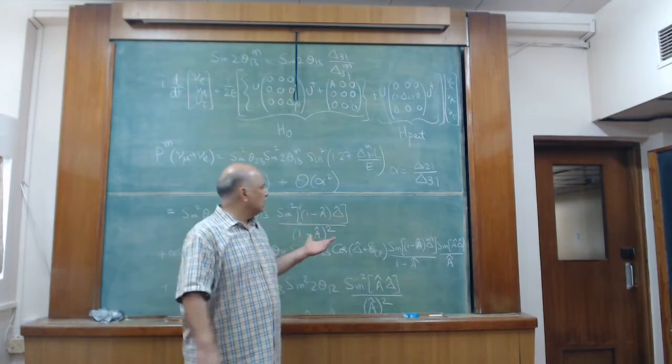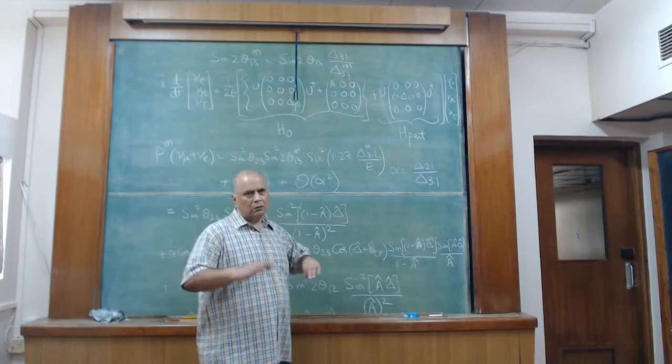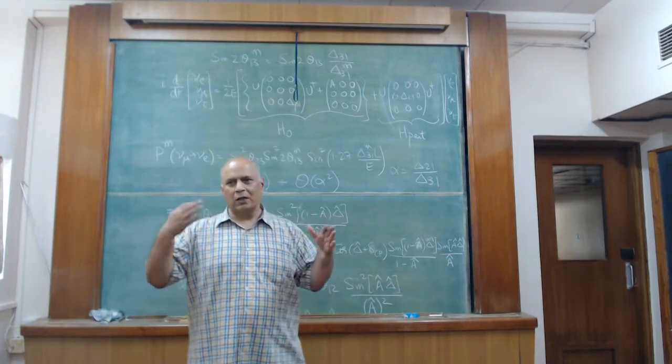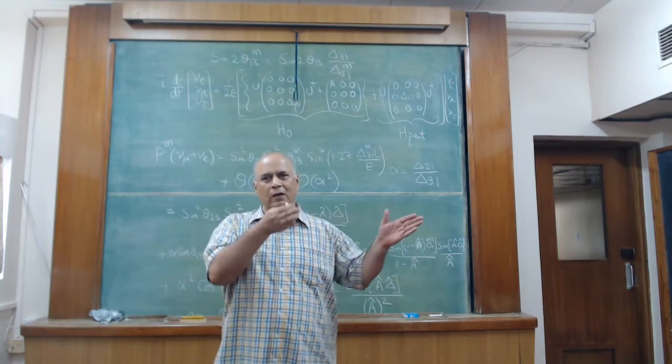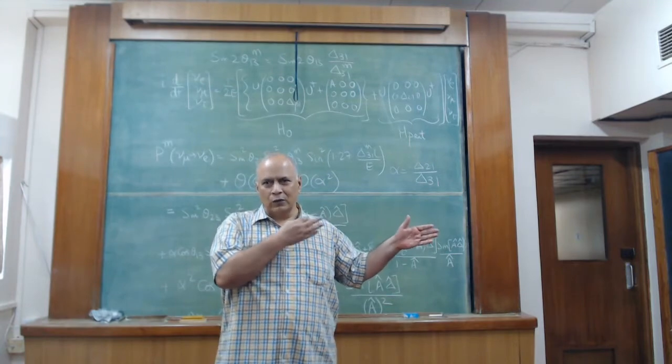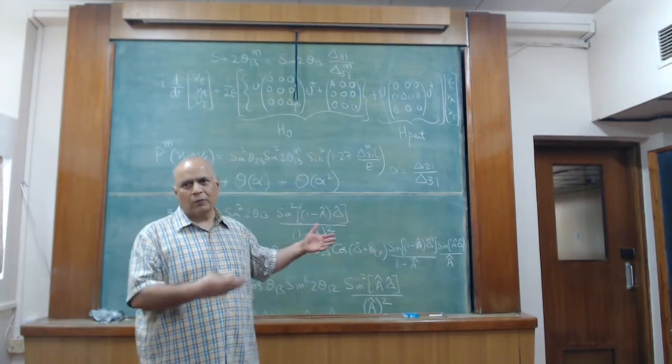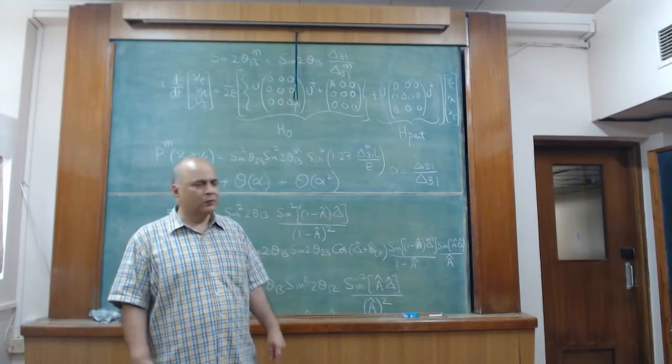This comes if you judiciously neglect sine square theta 13 relative to cos square theta 13, these formulae come out quite easy.